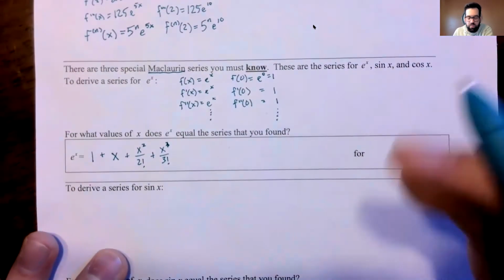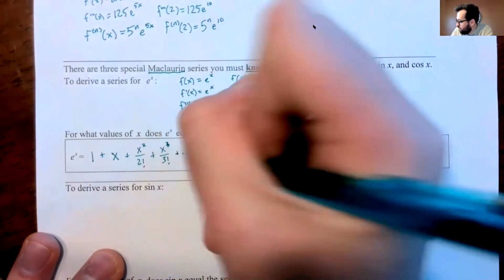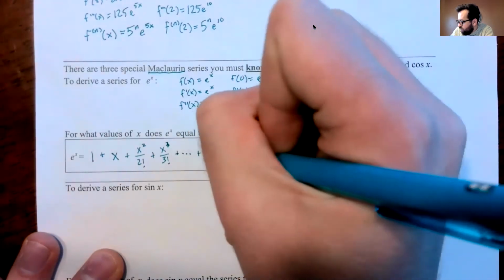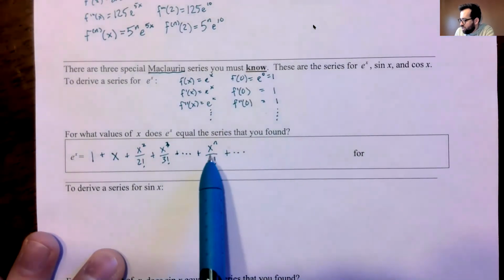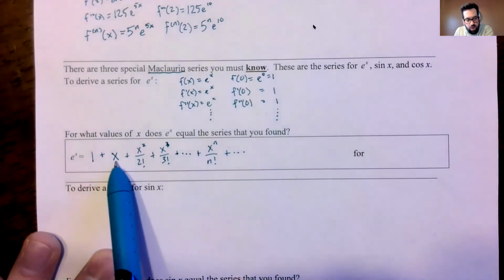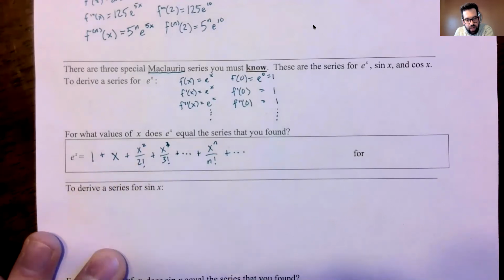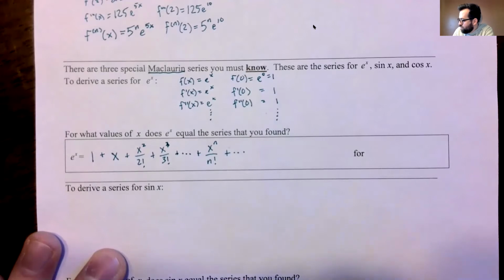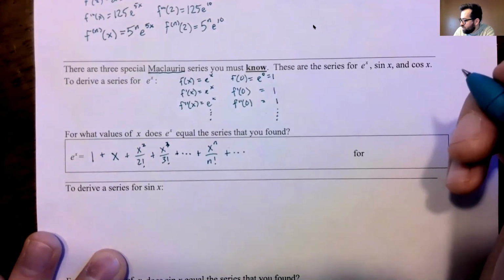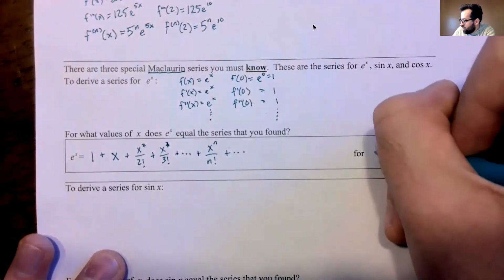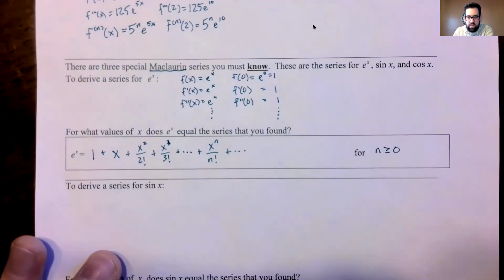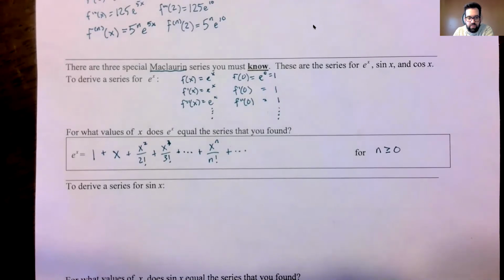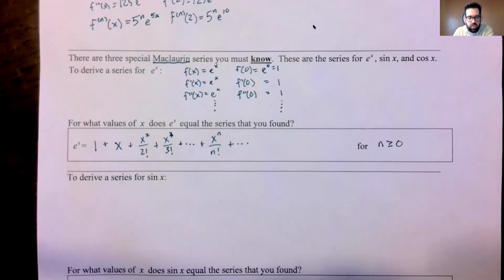And so we just end up with this nice looking pattern, which becomes x to the n over n factorial over time. And you can see here we're plugging in 0 for n first, and then 1 for n, and then 2 for n, and then 3 for n, etc. And so this works for n greater than or equal to 0. So n is going from 0 to infinity. Okay, great, let's keep going.